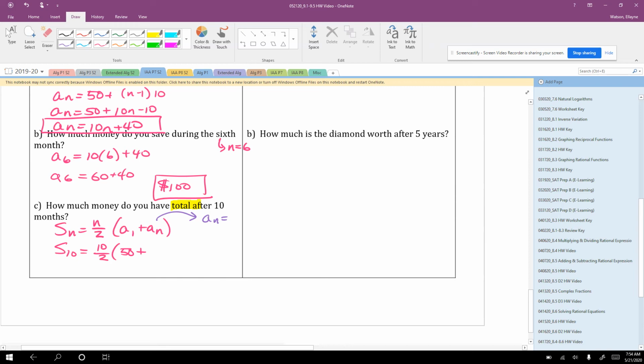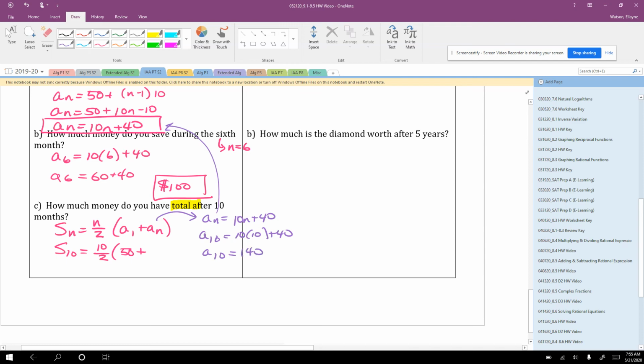We have the formula up there. We're going to use this. A sub n is equal to 10n plus 40. And we're going to find it when n is 10. So plug in 10 for n. You get A sub 10 is equal to 140.